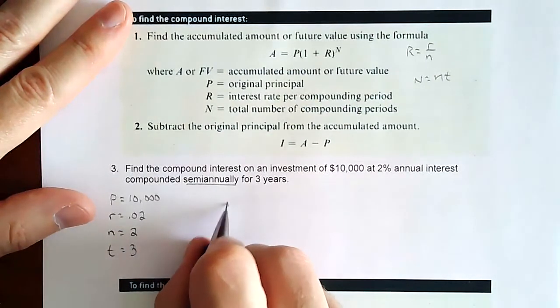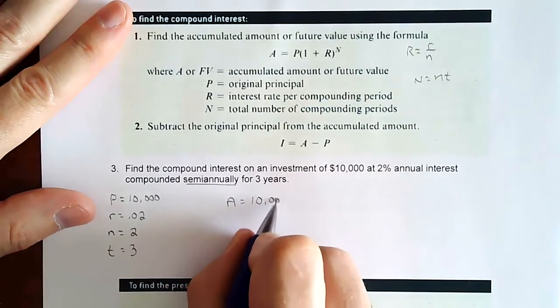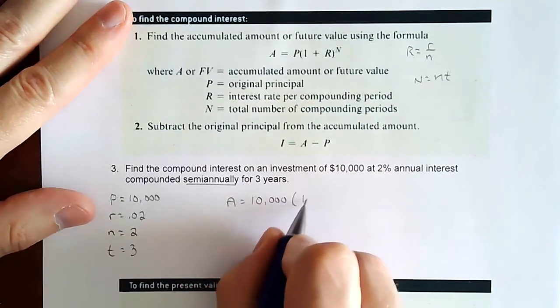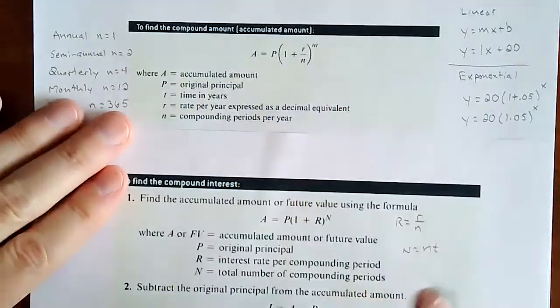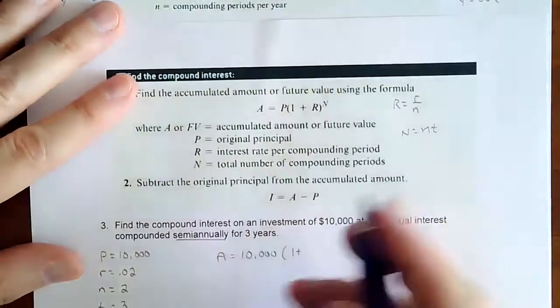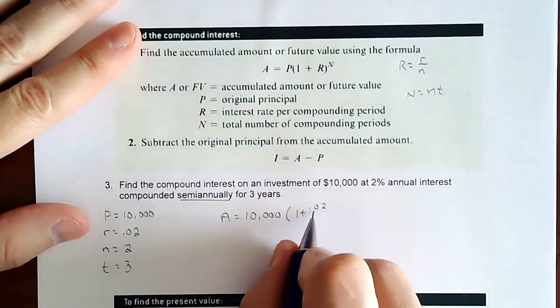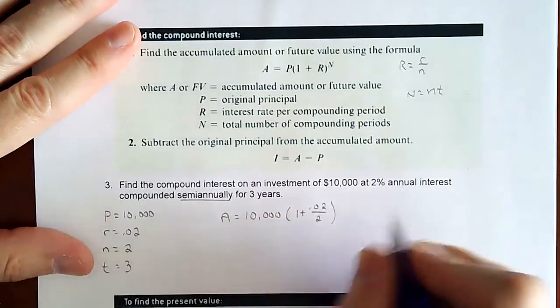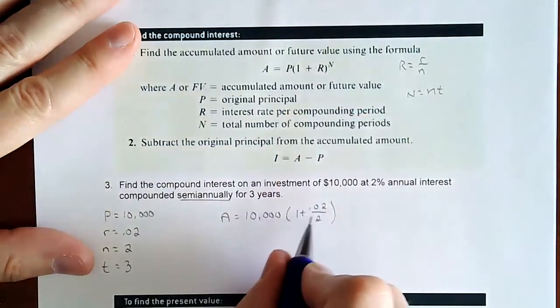All right, so my final amount is going to be $10,000 times 1 plus my rate, 2 divided by 2. That naturally breaks the rate up into its own rate, which I don't have to worry about.